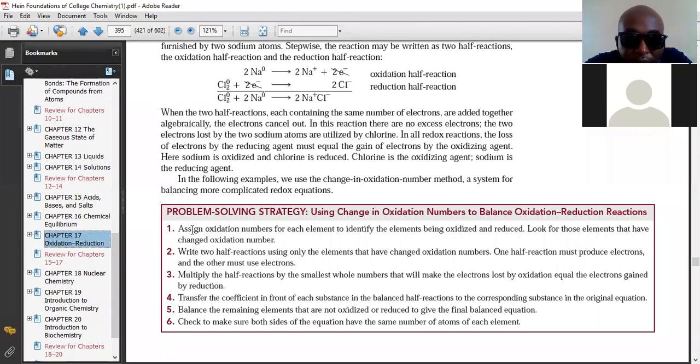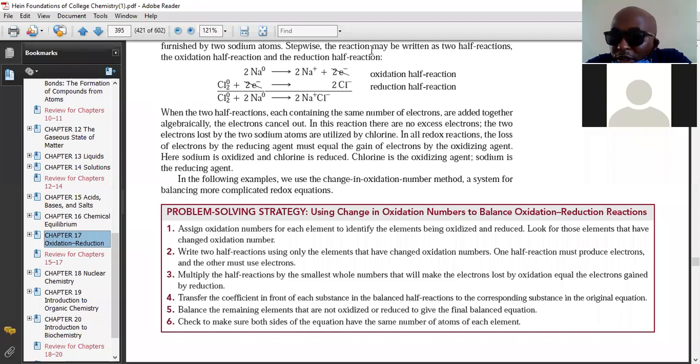But redox is a tricky way of balancing, because sometimes you can balance the atoms and yet the charges are not identical. Especially with ionic equations, the charges must always be identical. On the left hand side, the charge must be the same as the charge on the right hand side.